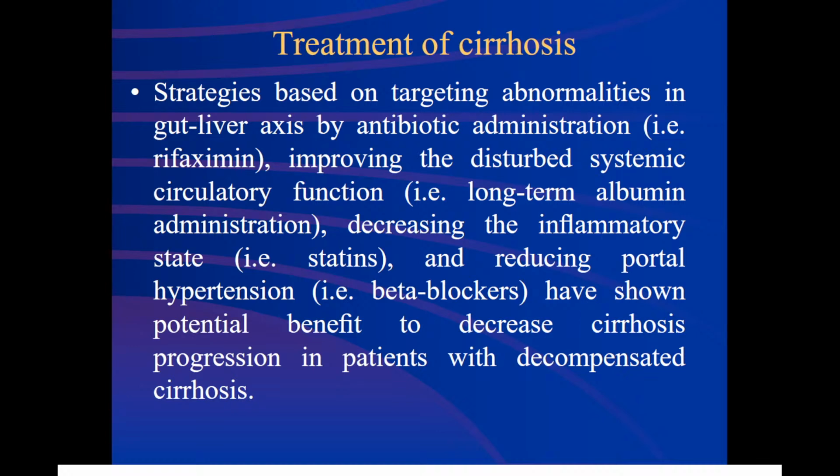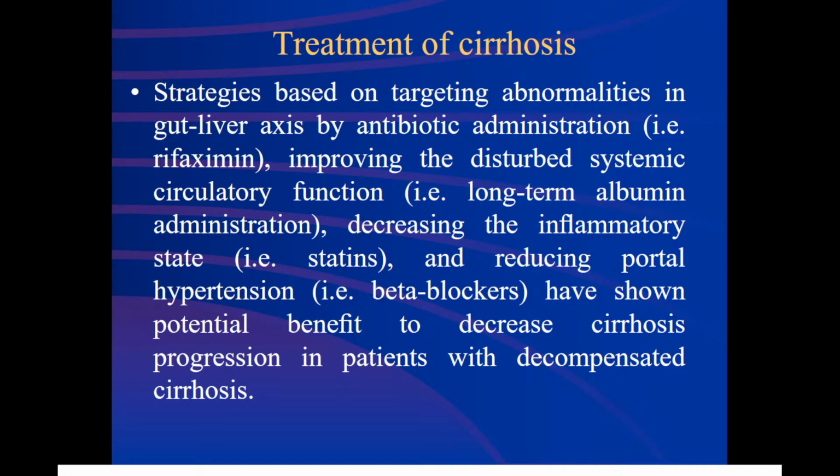To reduce portal hypertension, you have to use beta blockers. These drugs can be used in patients with chronic liver disease. They are helpful in patients with cardiovascular disease, and it is a very common combination of both these diseases.